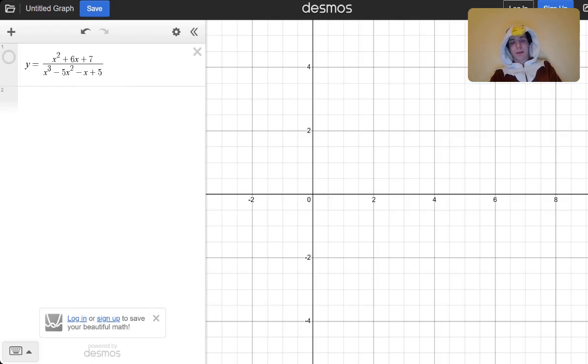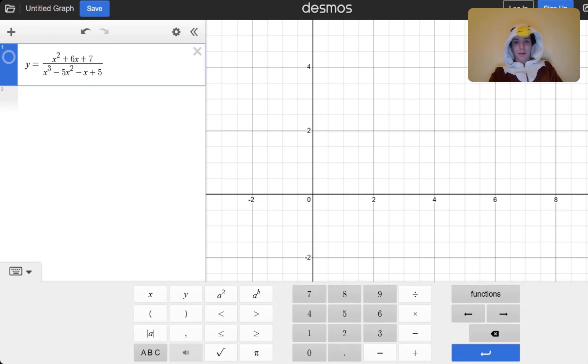So I'll give you a second to think about how you might want to factor this. So you notice we have x cubed minus 5x squared minus x plus 5. We have a coefficient of 1 and 5 twice, so we can separate these out. And then we can actually multiply this out by an x squared.